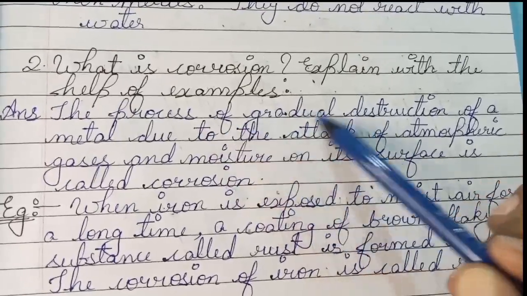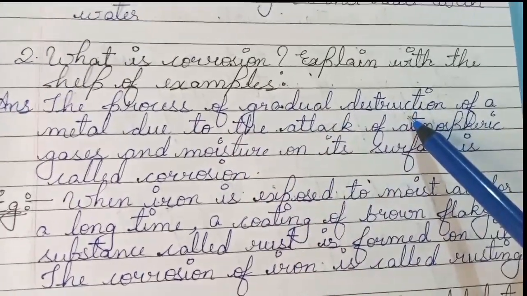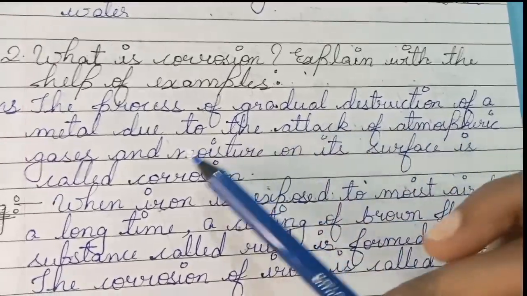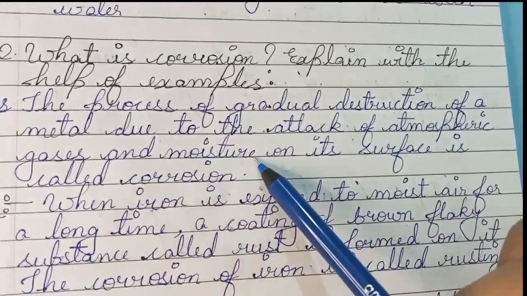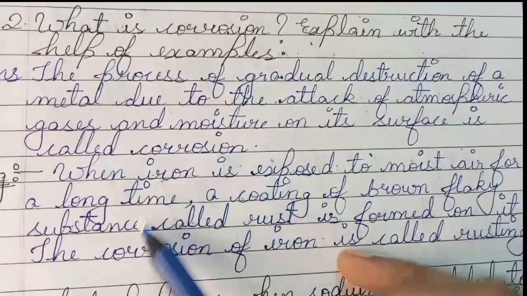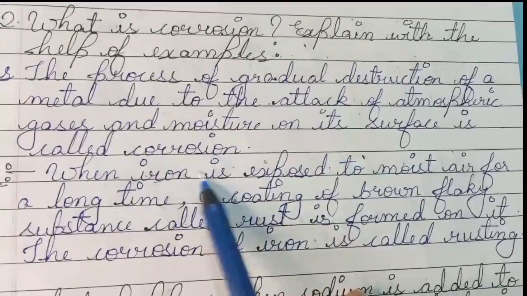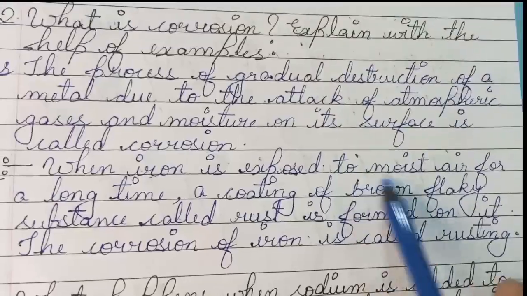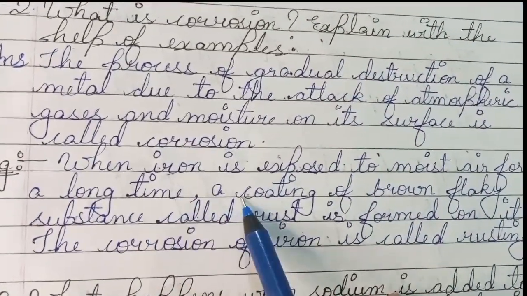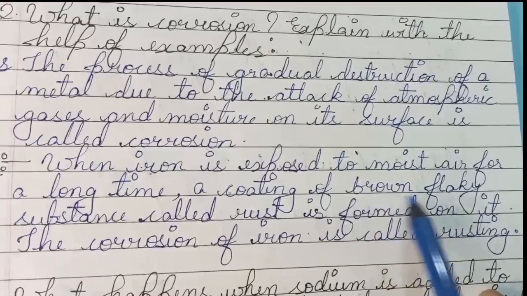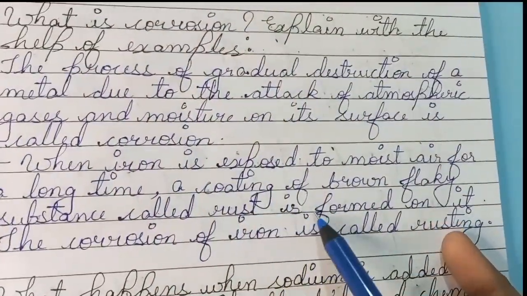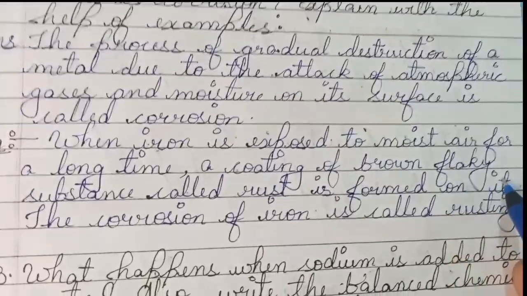The process of gradual destruction of metal due to attack of atmospheric gases and moisture on its surface is called corrosion. Example, when iron is exposed to the moist air for a long time, a coating of brown flaky substance called rust is formed on it.